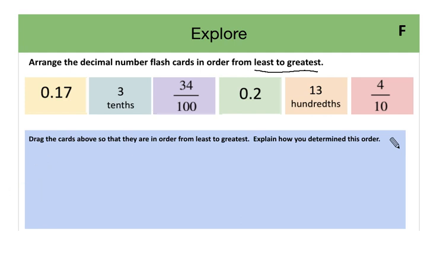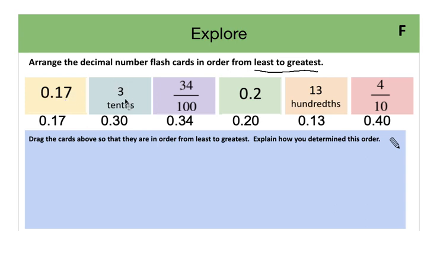So I'm going to show you what I did here, which was to write them using decimals and including a digit in both the tenths and the hundredths place. So the first one was already in that format of 17 hundredths.